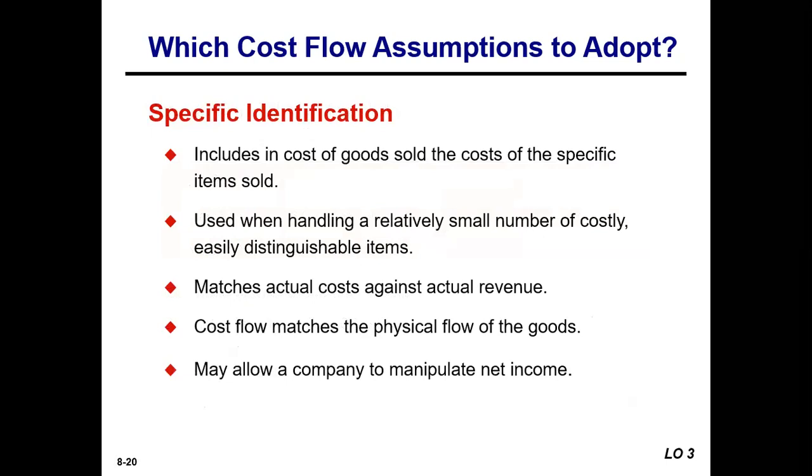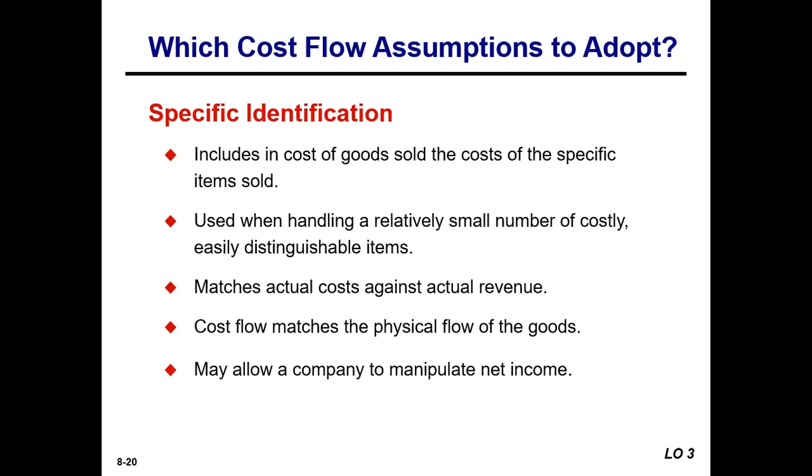So specific identification, like I said, is where cost of goods sold represents specific units or specific items sold, and ending inventory represents specific units of ending inventory that we have. And like it shows here, specific identification is usually only used when there's small or low inventory turnover, right?